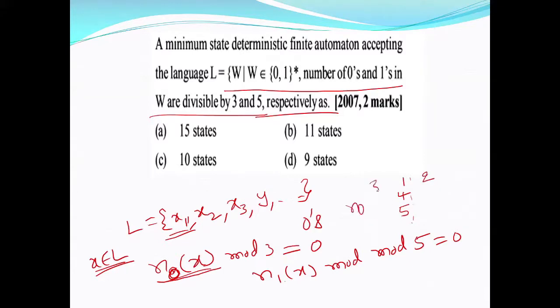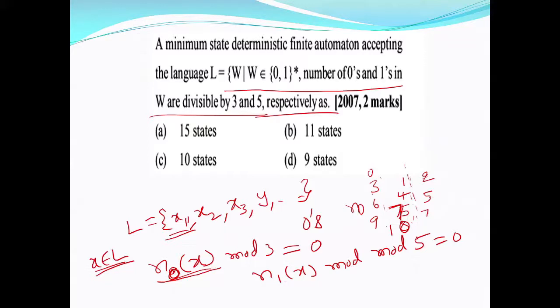N0 could be, if it is 3, if it is 0, 3, 6, 9, it is divisible by 3. It is not divisible by 3 when you have 1, 4, 7, 10, remainder 1, or 2, 5, 8, and so on.